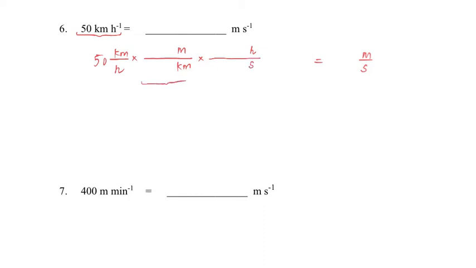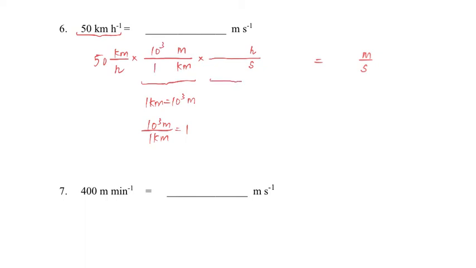For this part, 1 km equals 10 to the power of 3 meters, and 10 to the power of 3 meters divided by 1 km is equal to 1. And therefore, we fill in the number here.